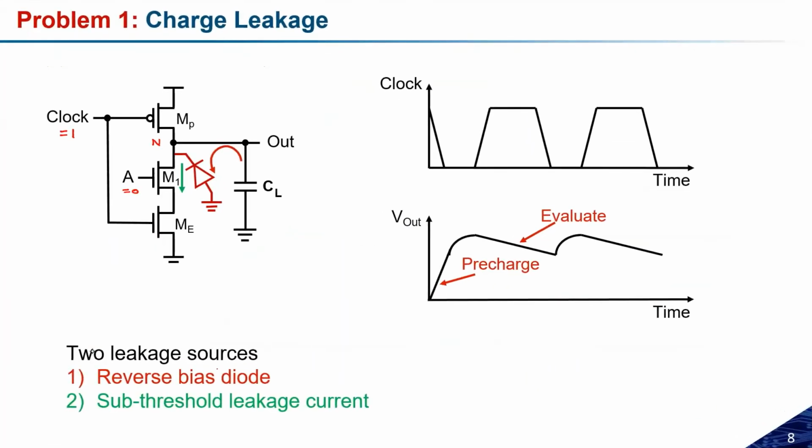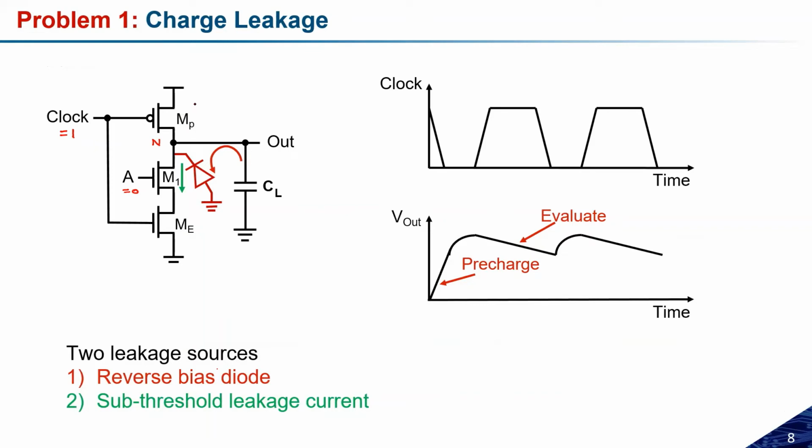So we were discussing the charge leakage problem. One more very important thing you should know: we can have a charge leakage current on the opposite side as well. Because if this MP is in the off state, this MP can have some subthreshold leakage current as well.